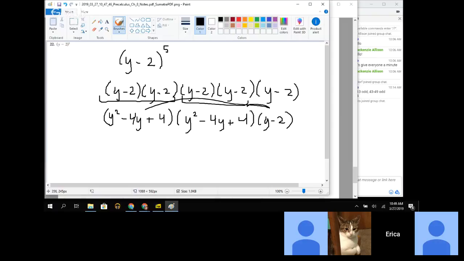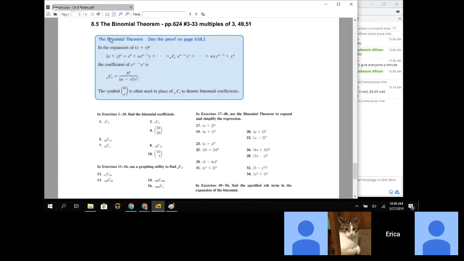So some really smart mathematicians a long time ago came up with something called the binomial theorem. Okay, so if you want to expand a binomial that is x plus y to the n power, right, you can expand that polynomial by writing x to the n power, then n times x to the n minus 1 times y, plus blah, blah, blah, plus n choose r, x to the n minus r, y to the r, blah, blah, blah, plus y to the n.